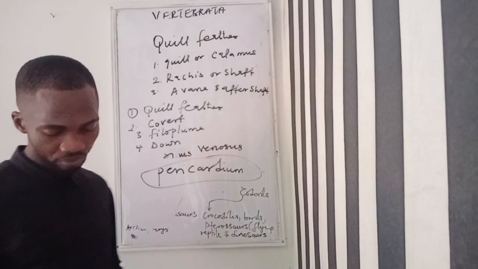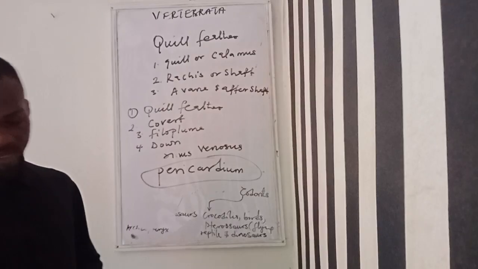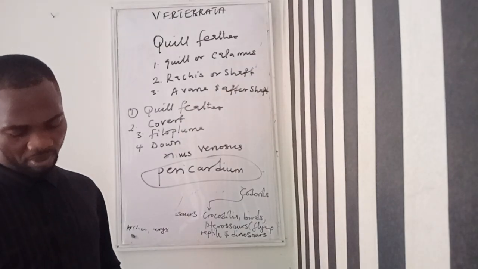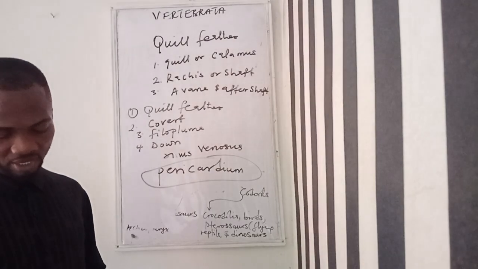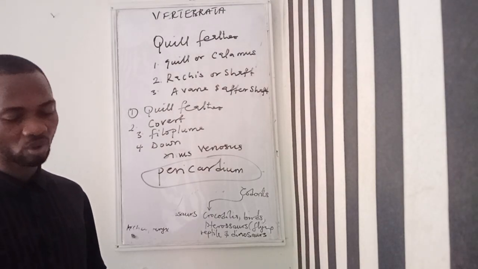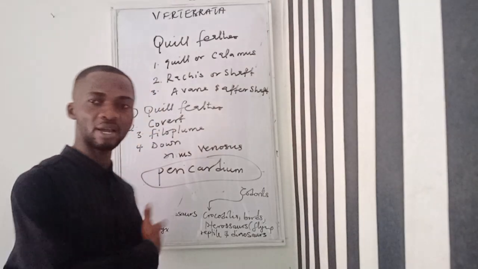Then we have the presence of sweat and sebaceous glands for regulation of body temperature and excretory purposes. The brain has large cerebral hemispheres, and they also have a cerebellum. Then mammals have 4 optic lobes. The inner ear consists of a cochlea. Then of course they have a diaphragm.